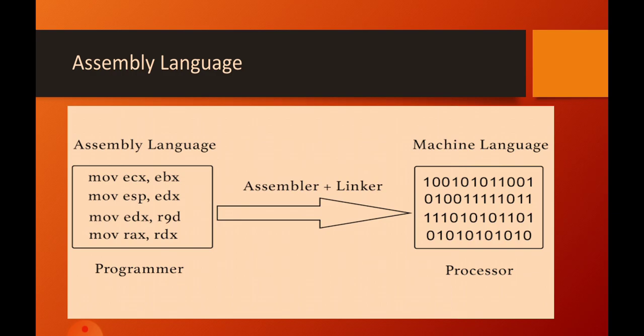Assembler is also called a translator program. The source program, that is the assembly program, is converted into object code, that is machine code. Assembly language is also machine dependent, and programming in this language is also time consuming. That's why this language is also regarded as low level language.